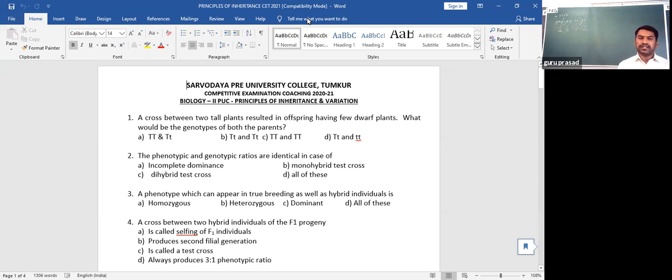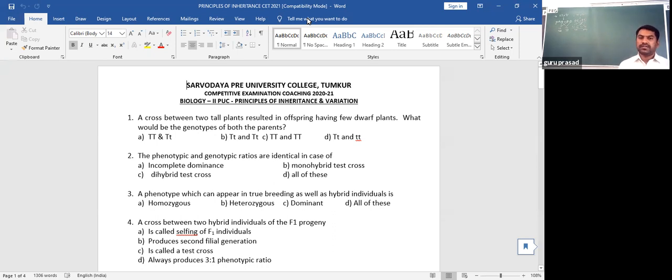All four patterns of different genotype and phenotype will be obtained, such as round yellow, round green, wrinkled yellow, wrinkled green, 25% each. That is 1 is to 1 is to 1 is to 1. So the answer for question number 2 is all of these.